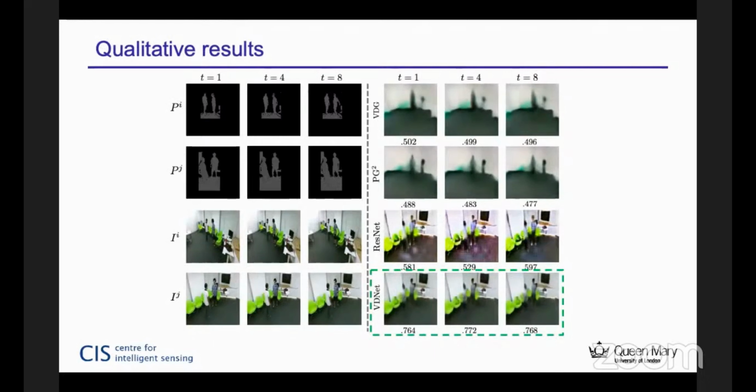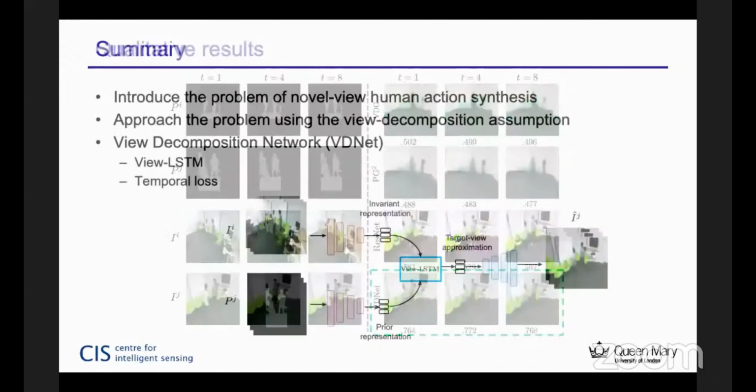On the right, the first two, VDG and PG2, are pose-guided image synthesis models. We also use a strong baseline, which is a 6-layer 3D ResNet. VDNet is the proposed one that implements the view decomposition assumption, where we first see the improvement of the video-based model compared to the image-based model, and also the effectiveness of our approach with regard to the baseline.